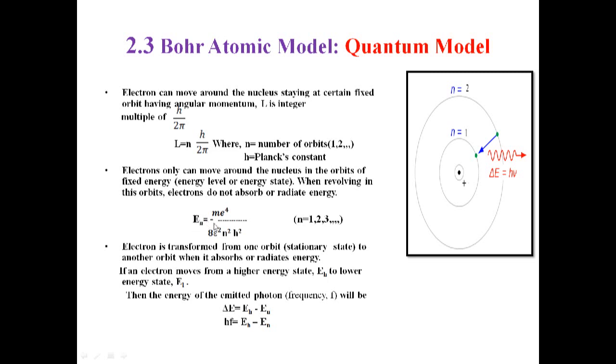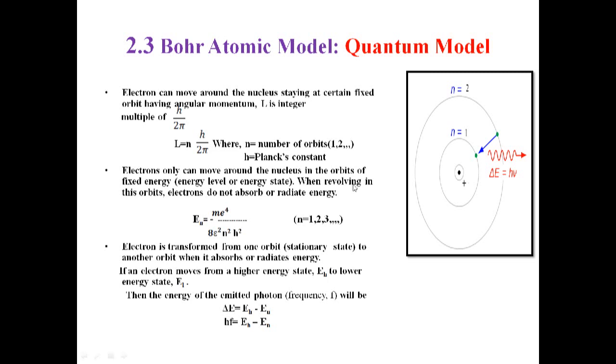E_n is equal to m e to the power 4 divided by 8 epsilon squared n squared h squared, where h is Planck's constant, n is the number of the orbit, m is the mass of the electron and e is the charge of the electron.